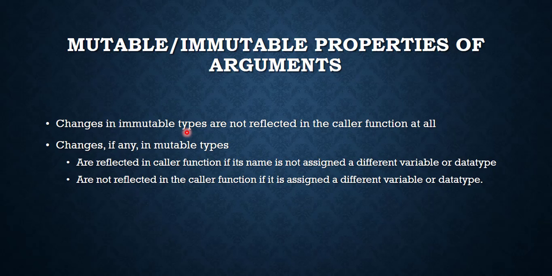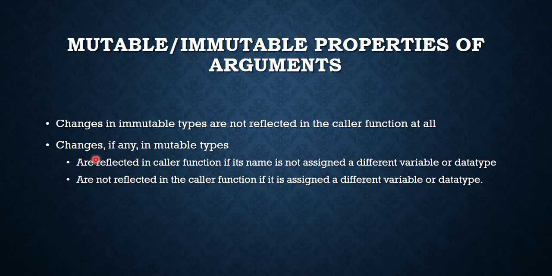So we can conclude that the changes in immutable types are never reflected in the caller function. As we have seen, when we were passing an integer argument to a function, that integer argument was not getting updated in the main function.